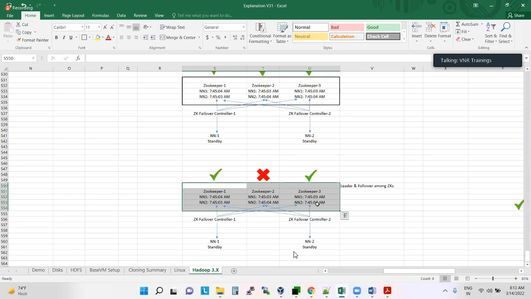Before they receive heartbeat from failover controllers, before failover controllers start sending heartbeat, when you start these 3 zookeepers, these 3 will talk internally and decide one as leader. Understand, guys? So now I have 3 zookeepers, who should become leader and who should become follower?